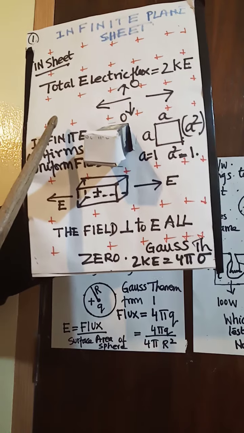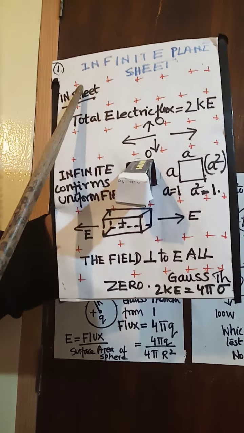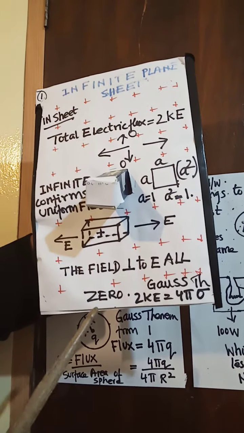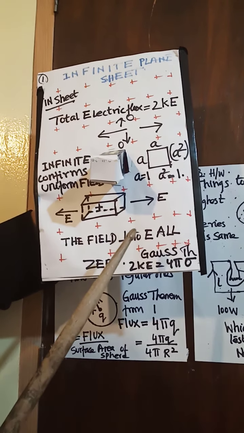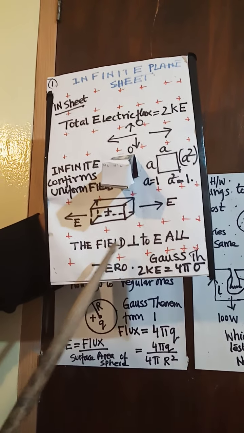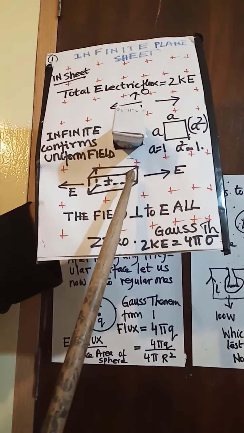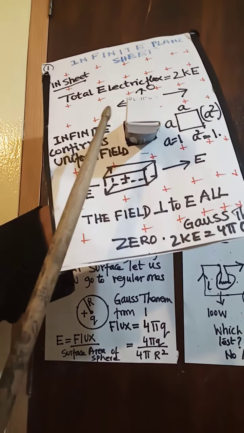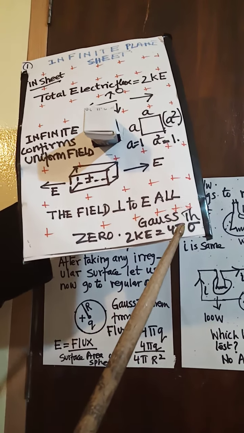And why we call it infinite? Because if it is infinite, all the lines of force will be perpendicular to the plane of the paper. So this is one very good result from Gauss theorem. Remember, the field perpendicular to these faces are all zero. Only E to this side, E to this side. So from here we get twice Ke is 4 pi sigma.